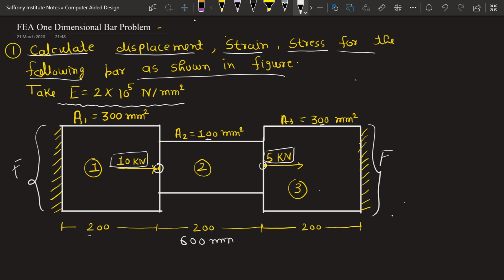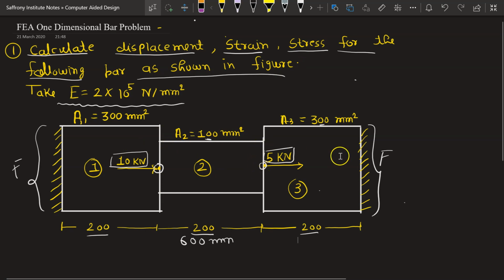You can see that it's 200, 200 and 200. So this is the general idea of what they want in the numerical. We need to determine how much displacement will occur after applying this 10 kilonewton and 5 kilonewton force, also the strain produced in this bar and the stress produced in this bar.